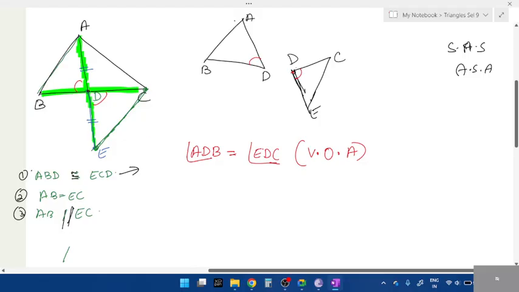Next, in the question they have told D is the midpoint, right? What's the midpoint concept I taught you all, students? If D is midpoint, which two sides are equal here?